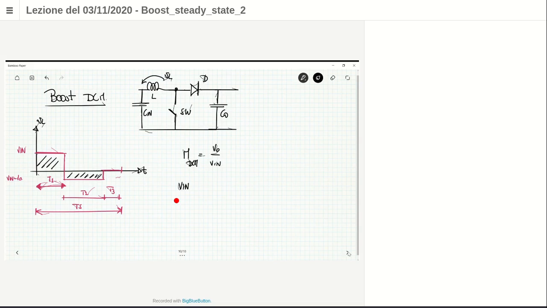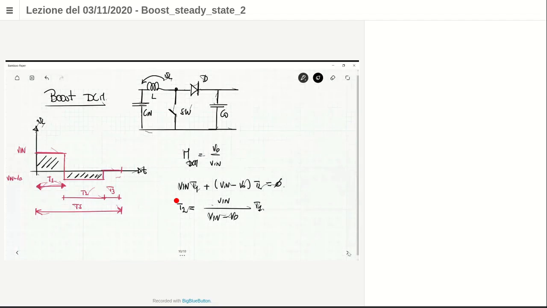That means that V in multiplied by T1 plus (V in minus V naught) multiplied by T2 equals 0. From this expression, you can say that T2 is V in over (V in minus V naught) multiplied by T1.